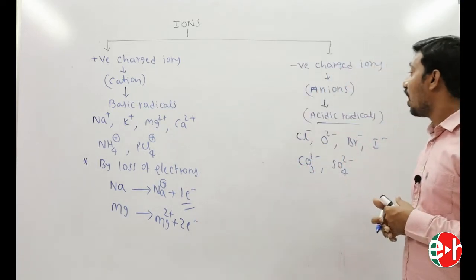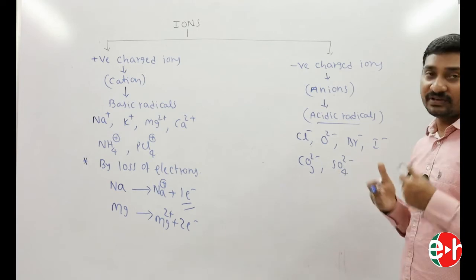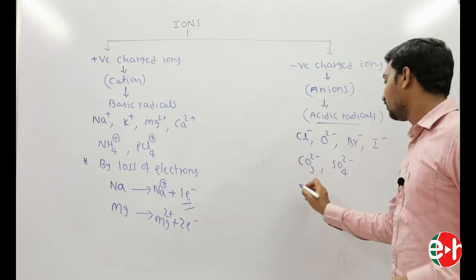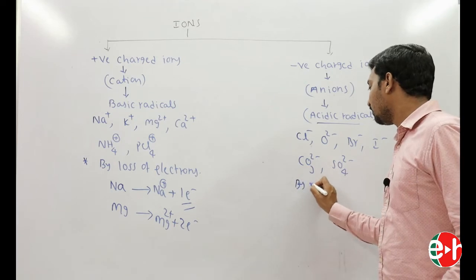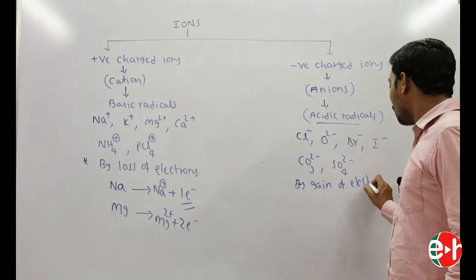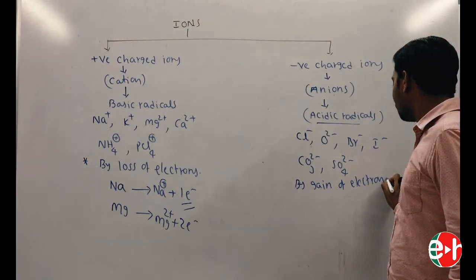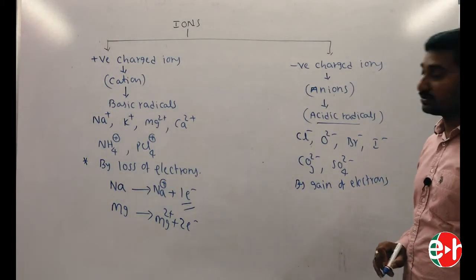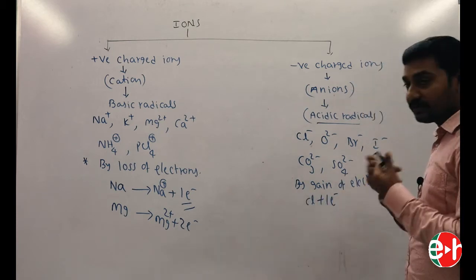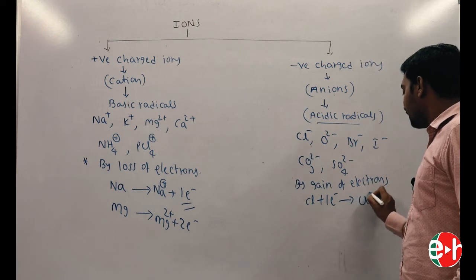Here, how is an anion formed? Reverse. Cation forms by loss of electrons; an anion forms by gain of electrons. For example, Cl gains one electron to form Cl minus.